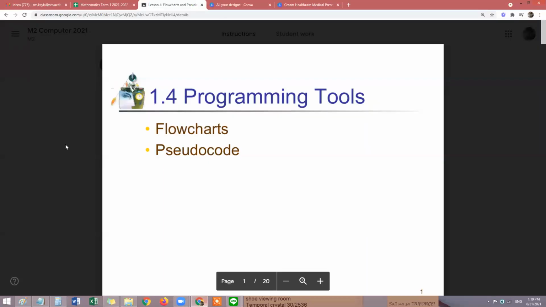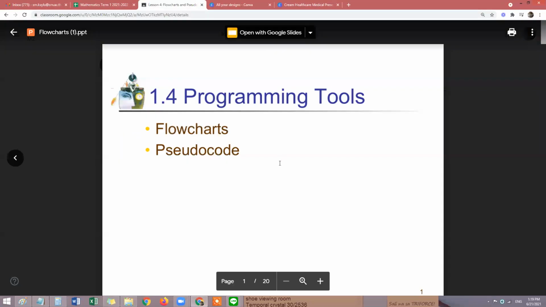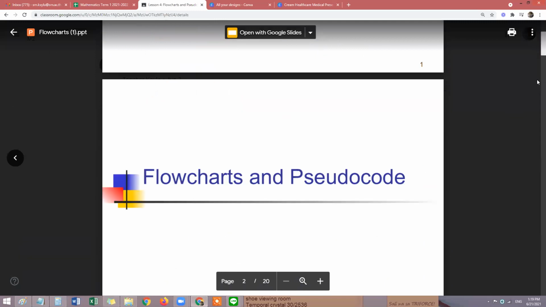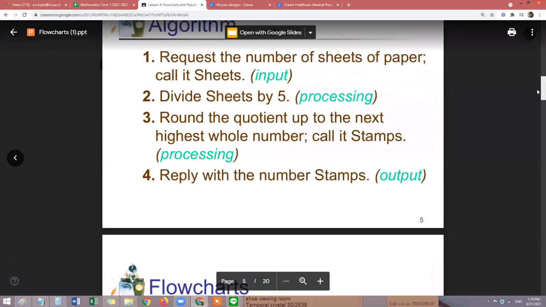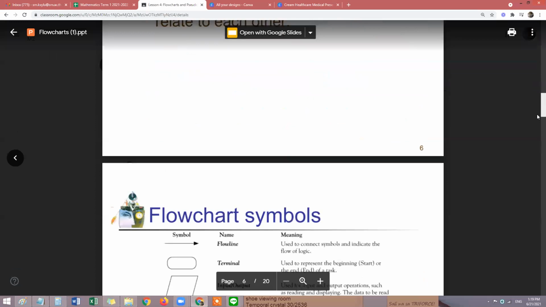So last time in our problem about how many stamps you should use for the number of sheets that you have in a mail, can you give me the names of the variables that we use in the problem about the sheets and the stamps? Okay. Anyone?